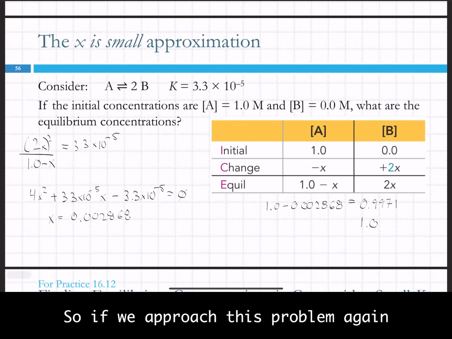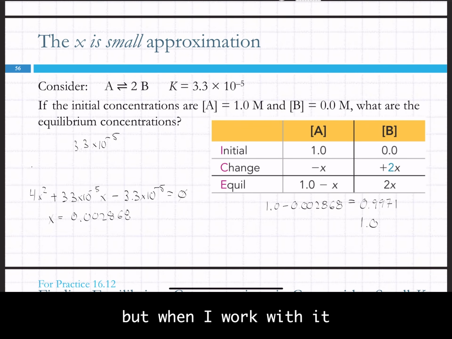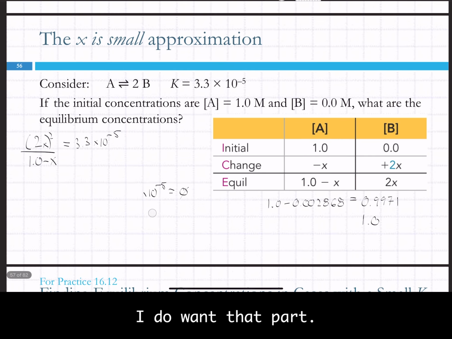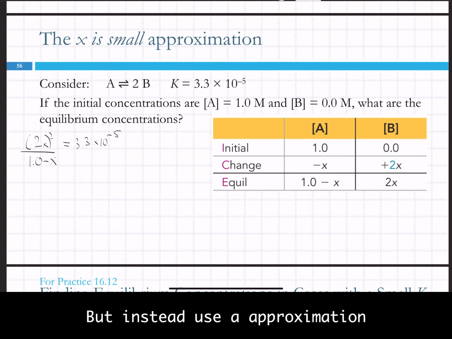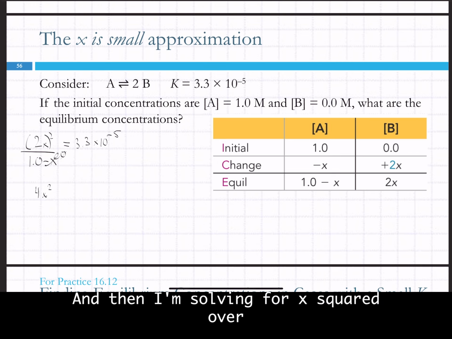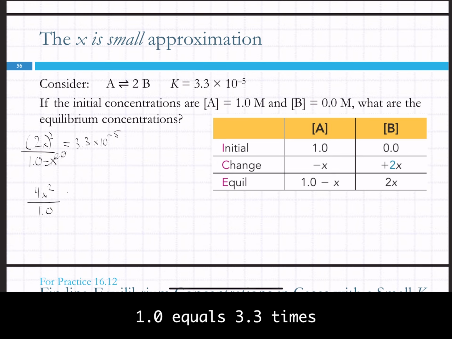So if we approach this problem again, but instead use the approximation, I could say this is basically 0. Then I'm solving 4x squared over 1.0 equals 3.3 times 10 to the negative 5.